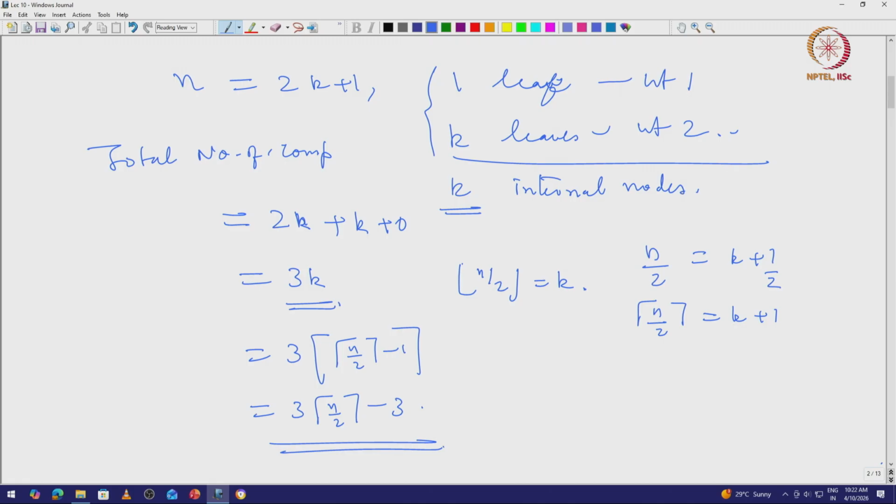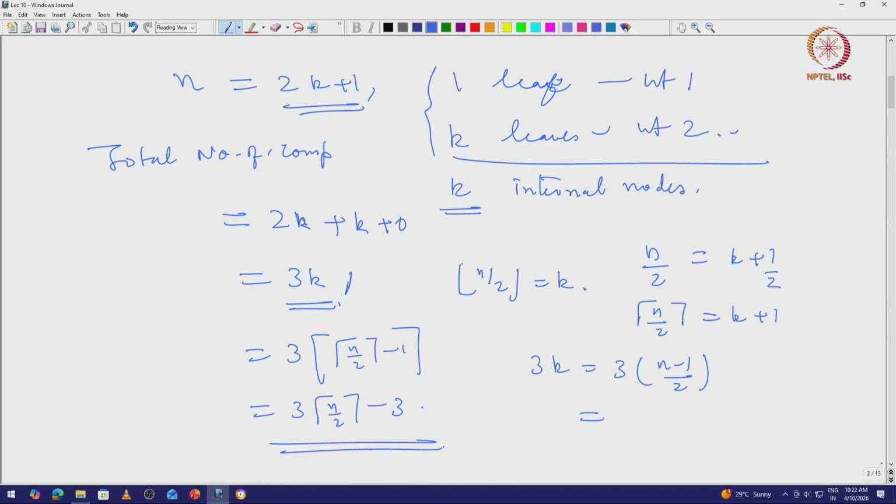It is like n by 2 minus 3n by 2 minus 2. Because it is odd, I have taken the ceil n by 2 minus 3. So basically the complexity is 3k, you can write 3k also as 3 times (n minus 1) by 2, because k is (n minus 1) by 2.